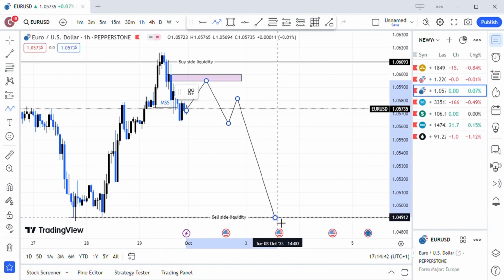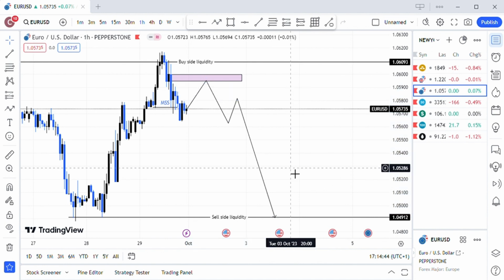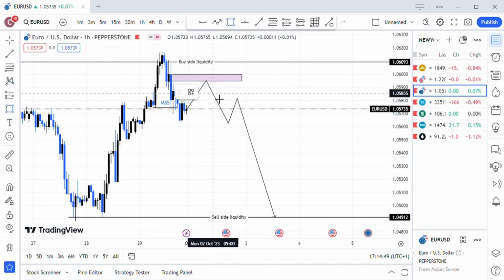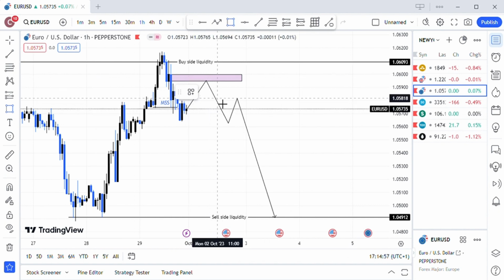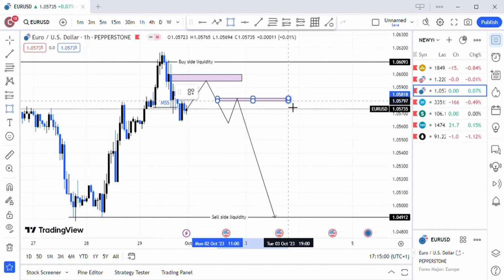So here should be our potential fair value gap should exist. No, wait. I should push down. Okay, our potential fair value gap should exist around this zone.